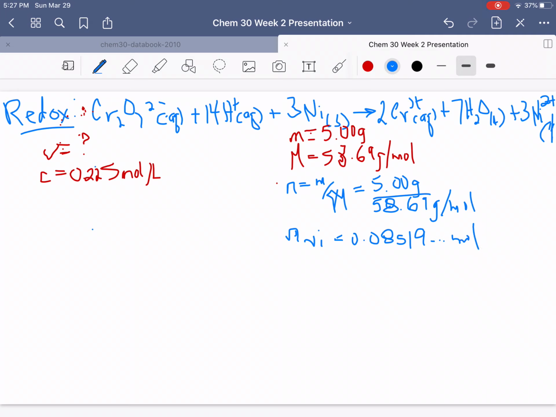Again, that's the number of moles of our nickel. Okay, I cannot get my volume back of the dichromate unless I also have N for that dichromate, right? But N of dichromate, the only way we're going to get that is by recognizing that we need this balanced chemical reaction. And then look at the ratio of the nickel to the dichromate.